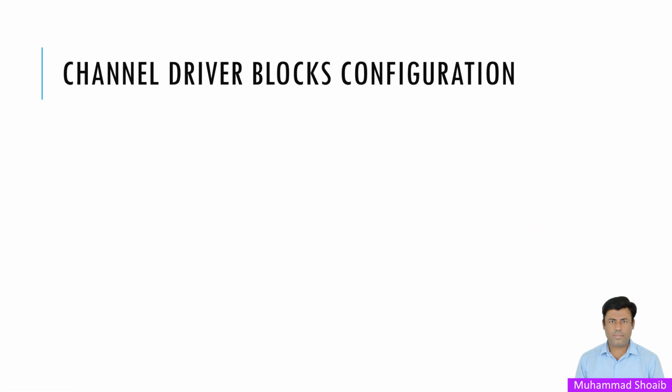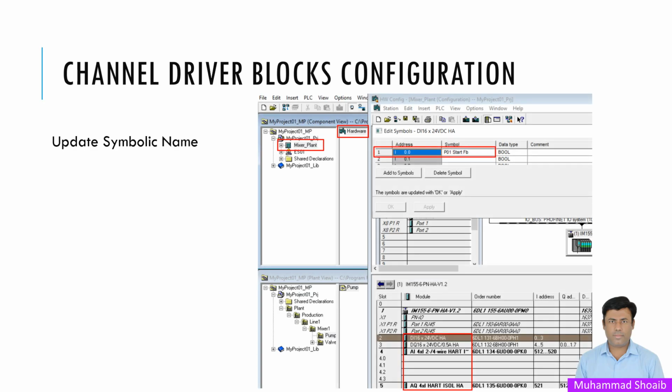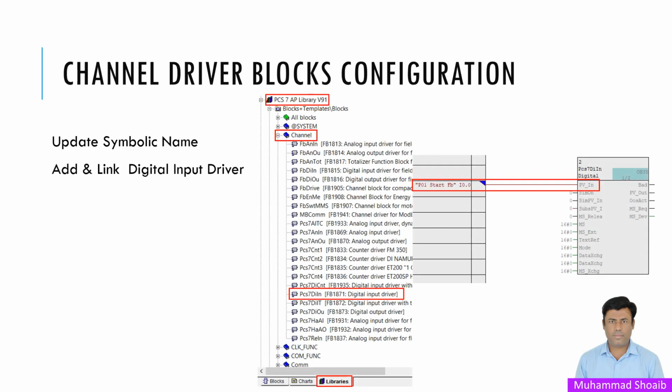So how can we configure the channel driver blocks in PCS7? The first step, we will update the symbolic names for the digital input module, digital output module, analog input module, and analog output module. After that, we will open the chart, and inside the chart, we will add the digital input driver and link the digital input driver with our physical input signal.